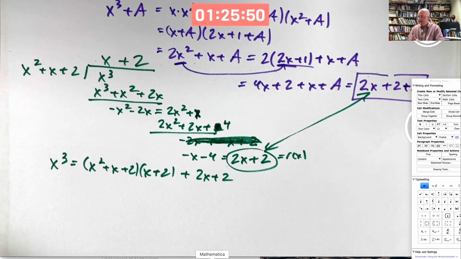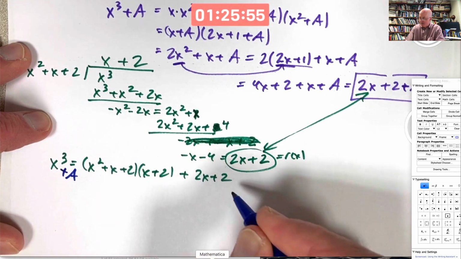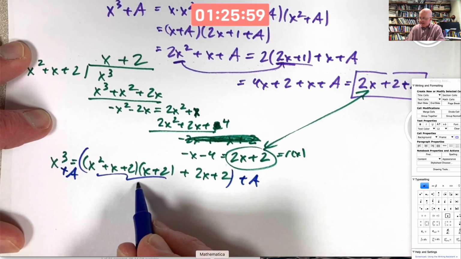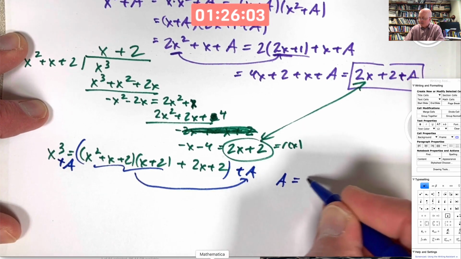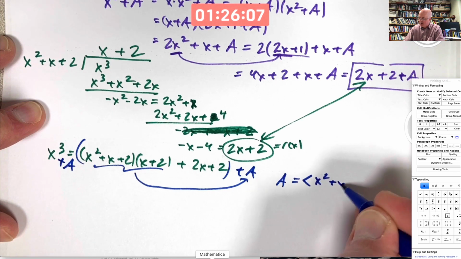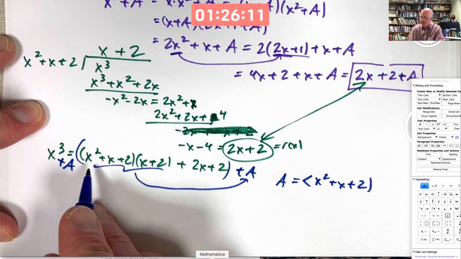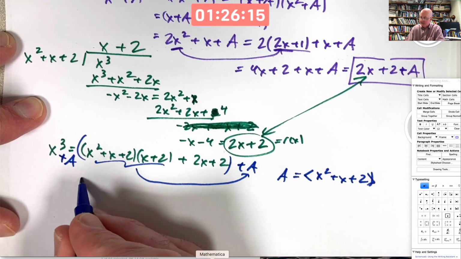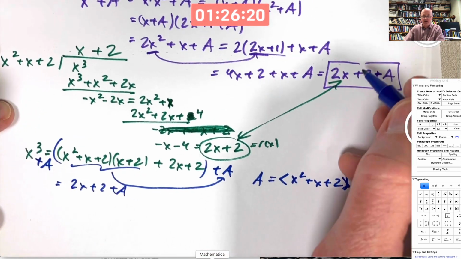And if I think of these as coset representatives, with a plus A here and a plus A here, this part right there gets sucked into the A because A is the principal ideal generated by x squared plus x plus 2, and that is a polynomial ring multiple of x squared plus x plus 2. That's why it gets sucked in there. So this becomes the same as 2x plus 2 plus A, confirming the answer that I got over here.